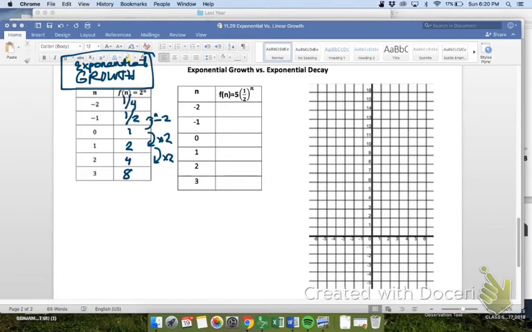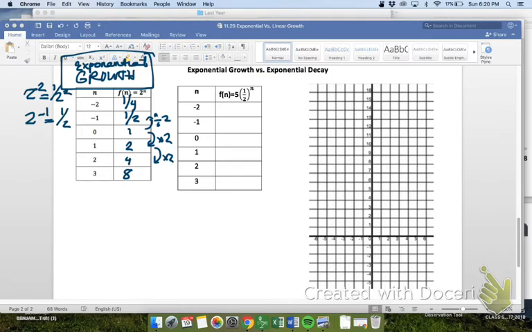Now I just want to remind you, instead of the division, you can think about this being 2 to the negative 1 power, which is the same as 1 over 2 to the first power, so that's 1/2. And 2 to the negative 2 power is equal to 1 over 2 squared, which is 1/4, right?